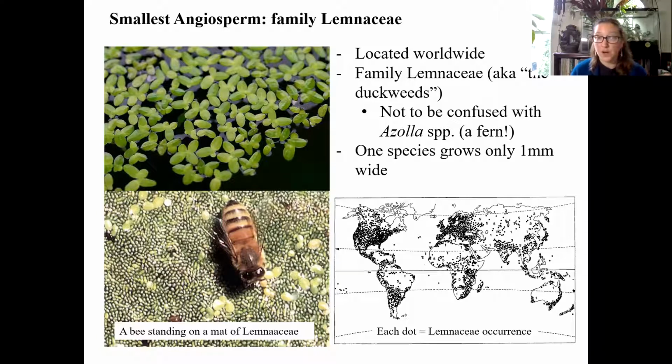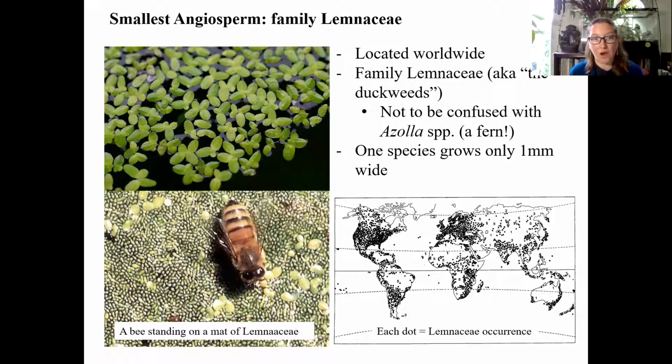The duckweed that was a fern, those were your Azolla, right? See, it says it, not to be confused with Azolla, a fern. Ferns don't make flowers, totally different thing. But these Lemnaceae are also super, super tiny. On the top left is a picture of a bunch of them. On the bottom, you see a bee actually walking on a mat of these tiny plants.